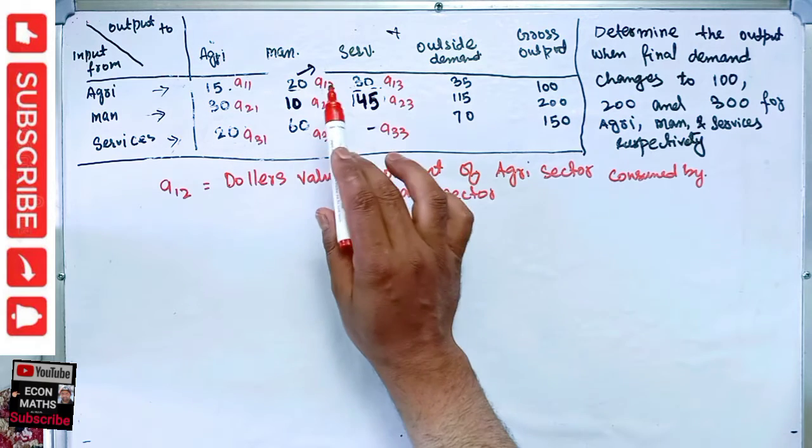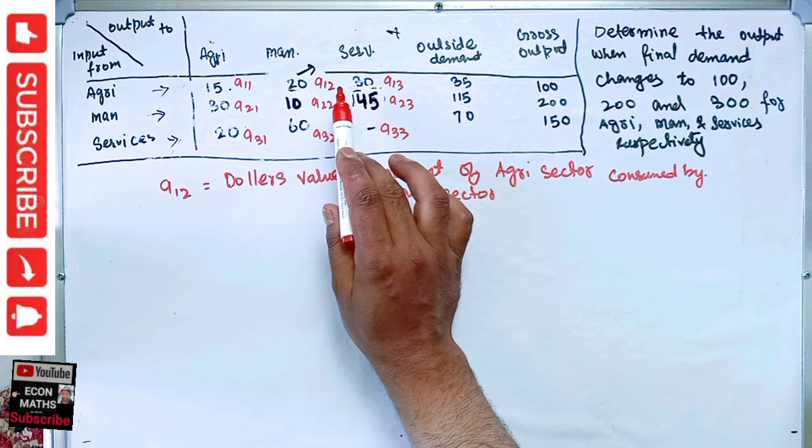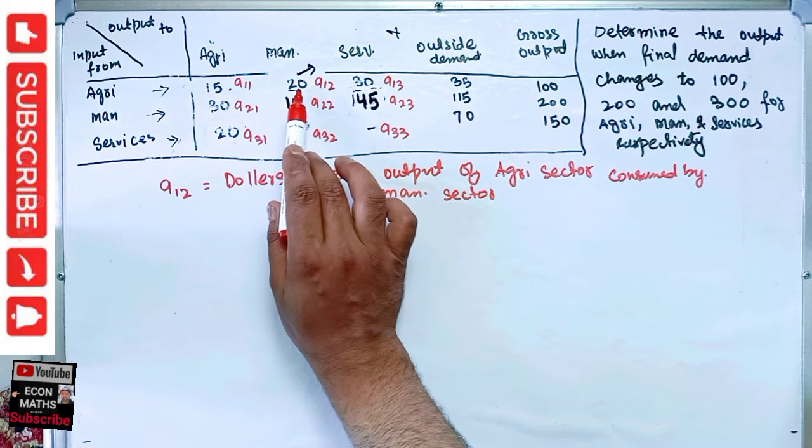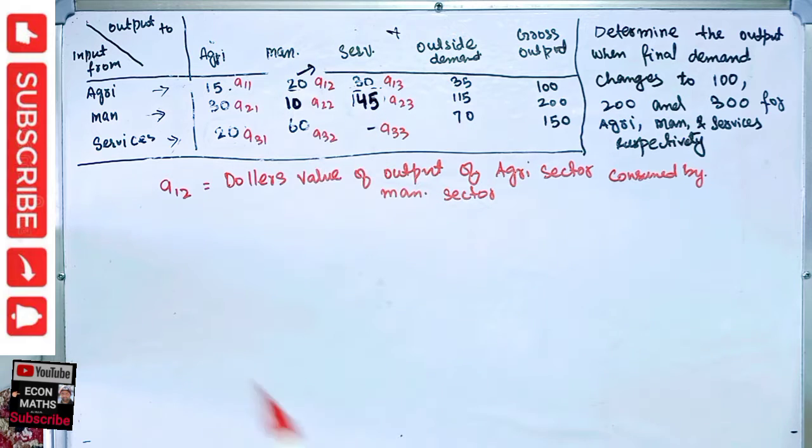Okay, this A12 tells us the dollars value of output of the agriculture sector consumed by the manufacturing sector.